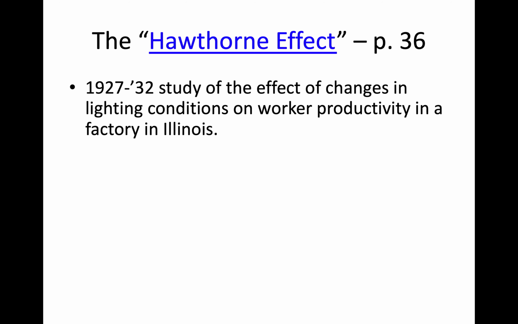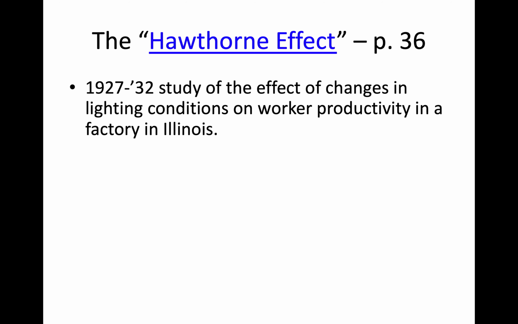That's the dependent variable. How much do workers produce in a day? An independent variable that some people thought might cause changes in worker productivity was lighting conditions in a factory, like brighter light, dimmer light. How do changes in lighting conditions affect worker productivity?